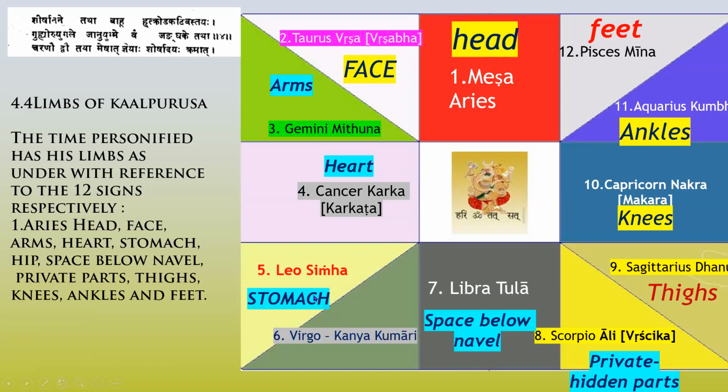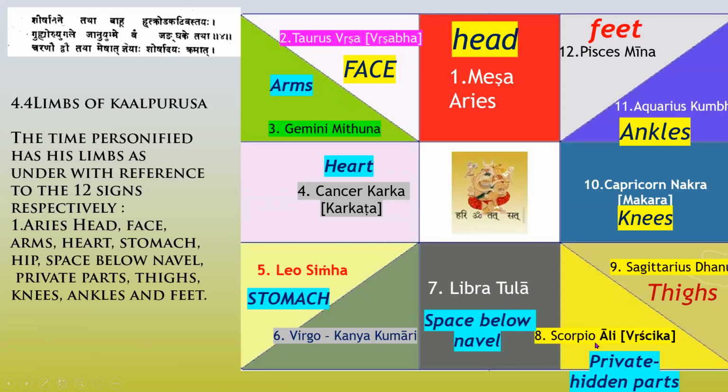Oops, I forgot Virgo: the area below the stomach and above the navel, the lower stomach area. And Libra is the reproductive area, below the navel.